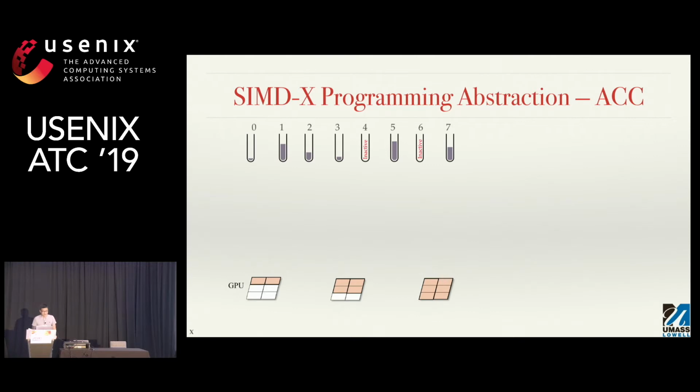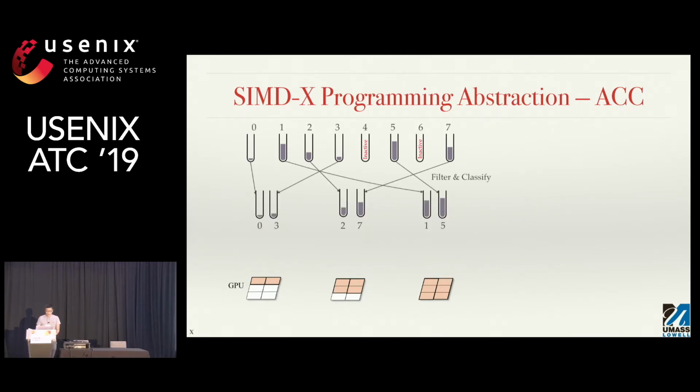See how it works. Assuming those at the top are the vertices or the tasks, you have different tubes. Those with higher shadow mean they have more workload. Those with an inactive vertex inside mean it's not active, to mimic having only a portion of vertices active. So first, you filter out those active ones, and then you classify them into different groups.